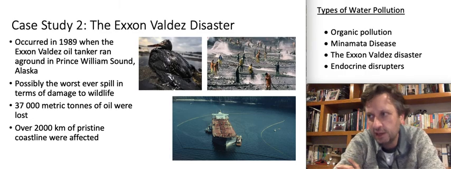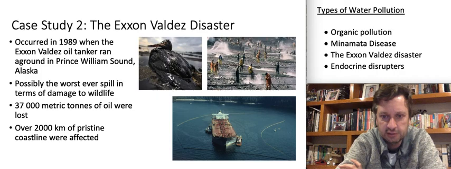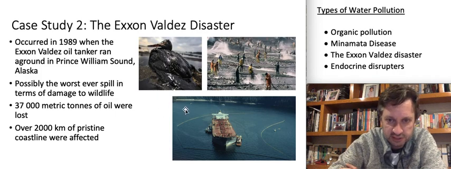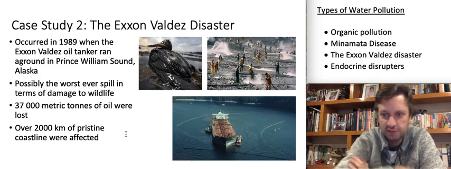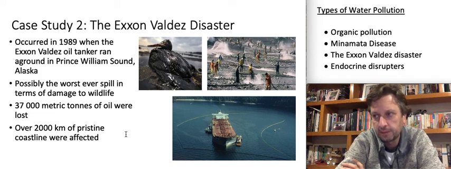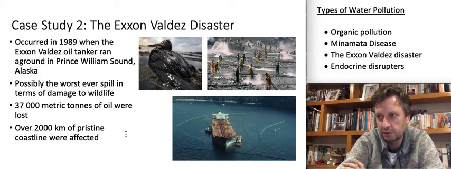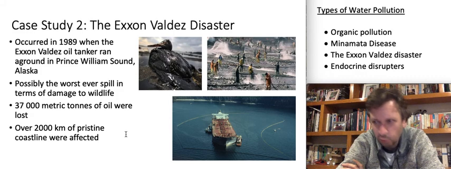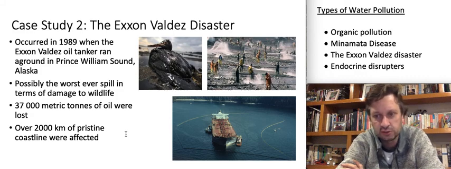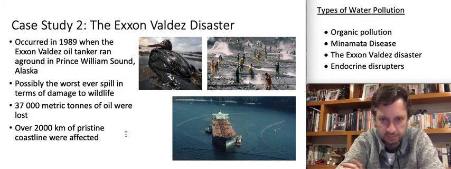So in March 1989, this ship, or this oil tanker, left Valdez, Alaska, and it was heading to California with 53 million tons of crude oil aboard.